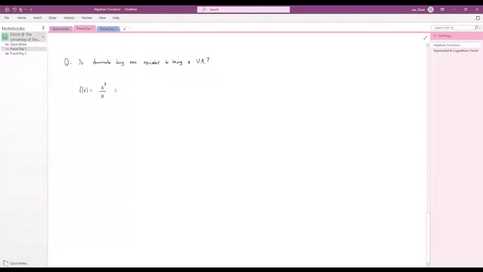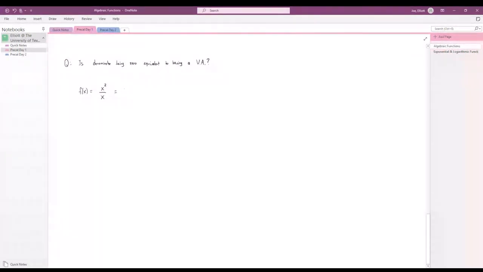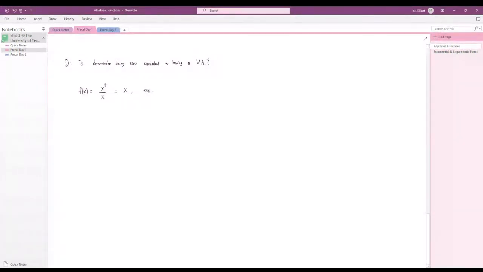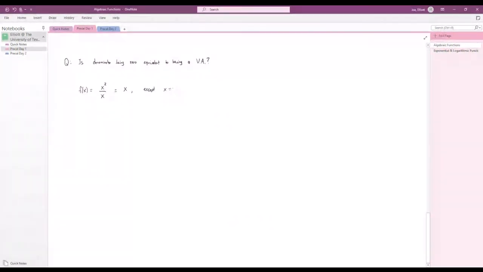Yes, we could. So we cancel out one x from denominator and numerator. We see that this function is really just equal to x, except for the case where x is equal to 0.